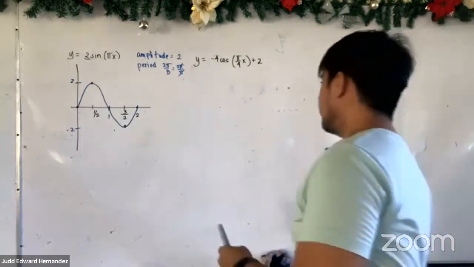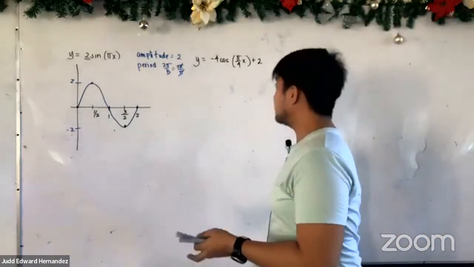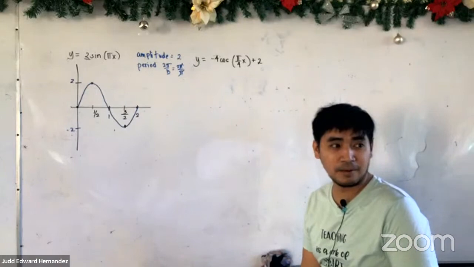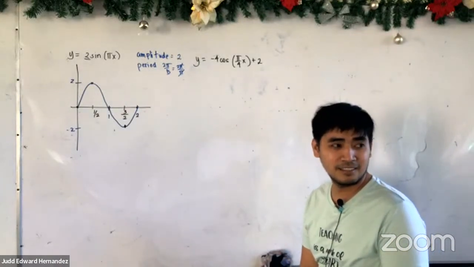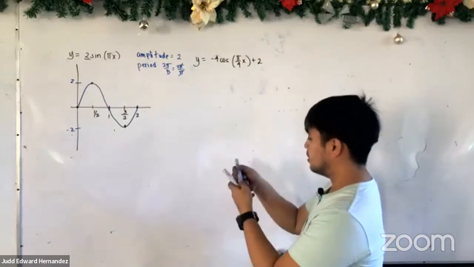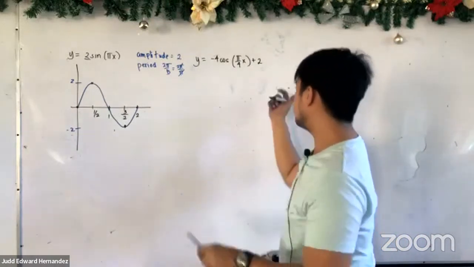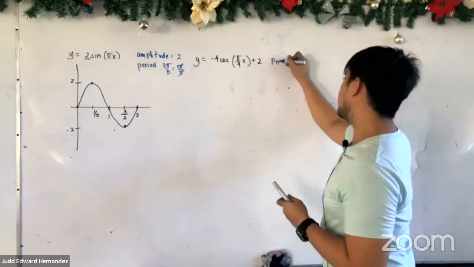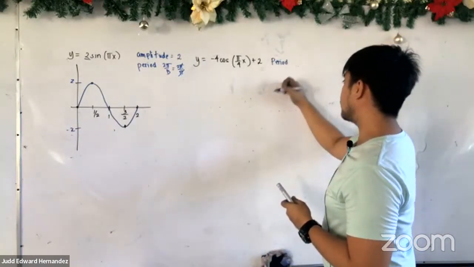Okay, let's answer. Ano napansin niyo po? Iba lang yung... Ang napansin niyo, tatlo na yung magkakapartner. Tama ba? Opo. Okay, so tatlo na siya. Unahin muna natin yung period. If we are getting the period, what will be the formula for the period?